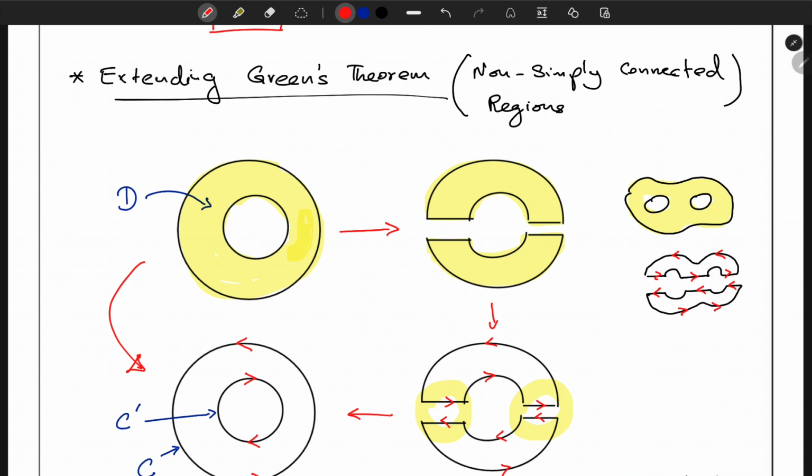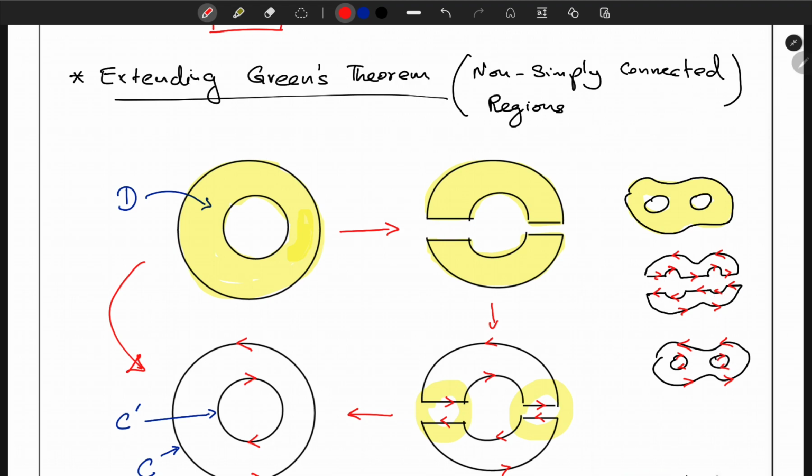Now when you put them together, the additional horizontal lines cancel each other out. So what we are left with is the outer boundary counterclockwise, the inner boundaries in clockwise direction.